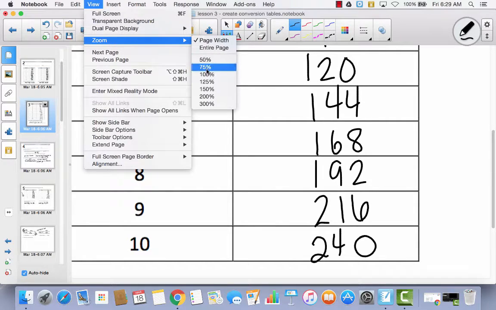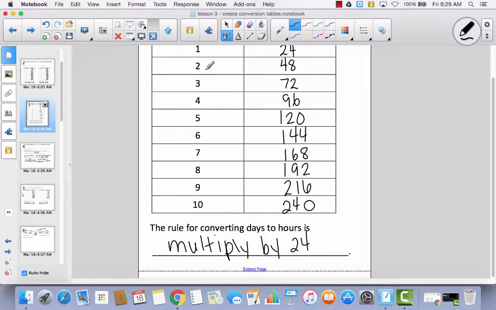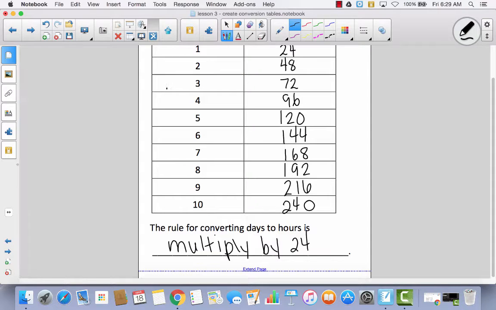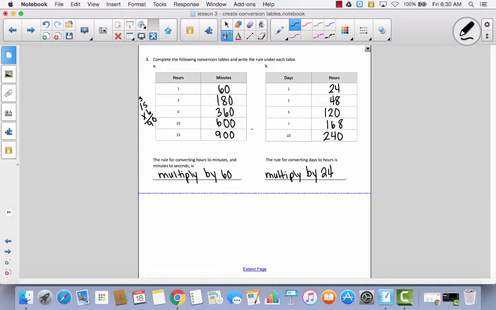So let's take a look at this for a second. So if we're trying to get 13, 10 and 3 equal 13. So if I take 240 and I add that to 72, that will give me 2 plus 11 would be 312. Okay, so I've got 312.